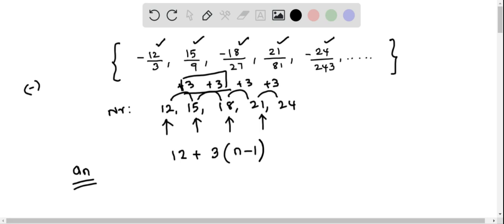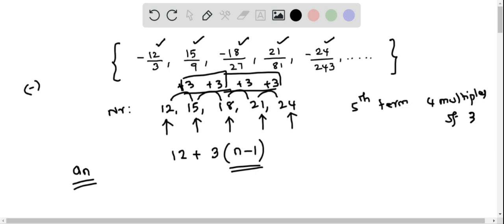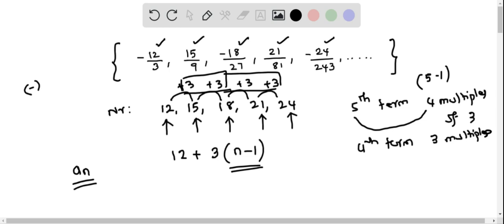I'm specifically writing this as n minus 1 because if you consider the fifth term, we are adding 4 multiples of 3, which for the fifth term is 5 minus 1. And similarly, if you look at the fourth term, we are adding 3 multiples of 3. So every time we should add 1 less than the nth term multiples of 3. So that is why I have written this 3 times n minus 1.